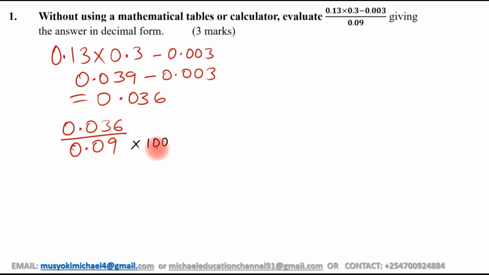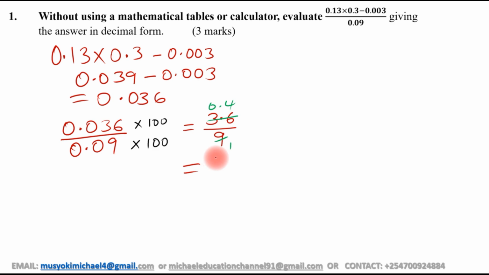Also we do the same with the numerator, multiplied by 100. So if we multiply by 100, this will be 3.6, and therefore we have 9. Dividing 3.6 by 9, we get 0.4.